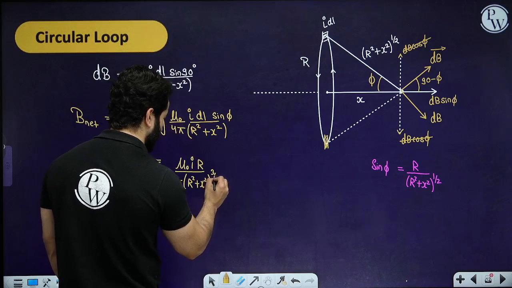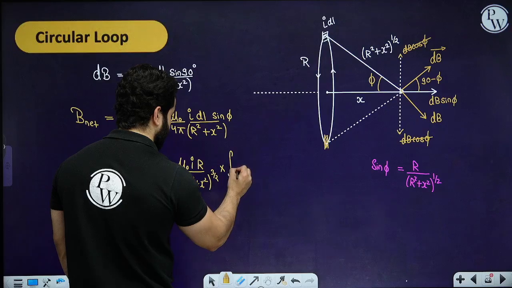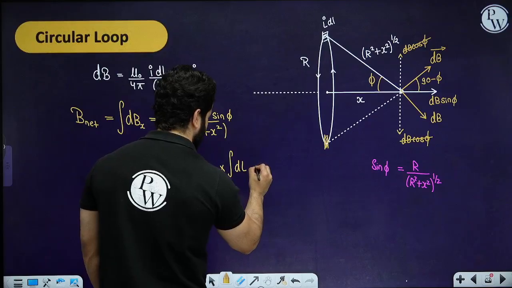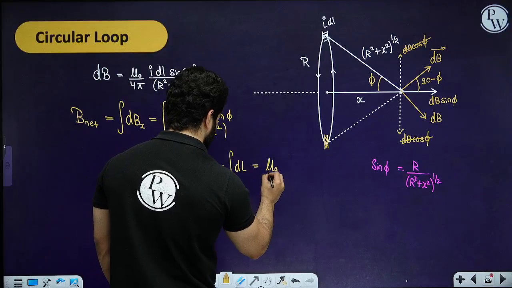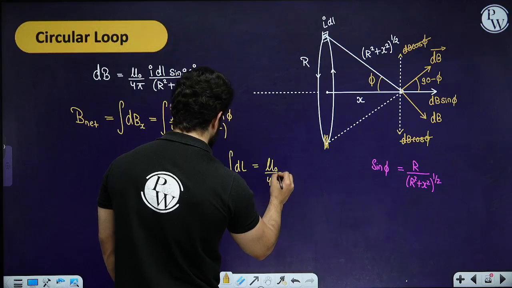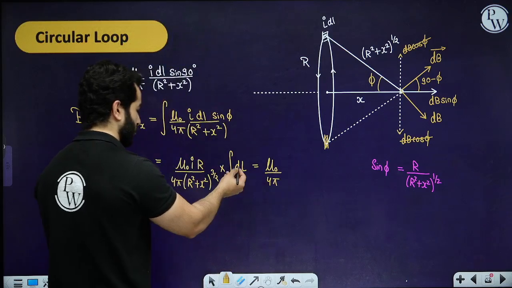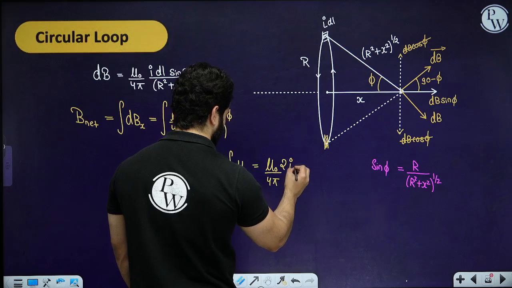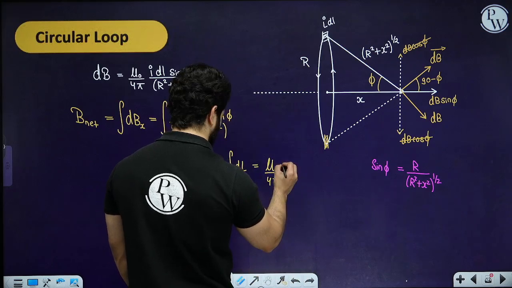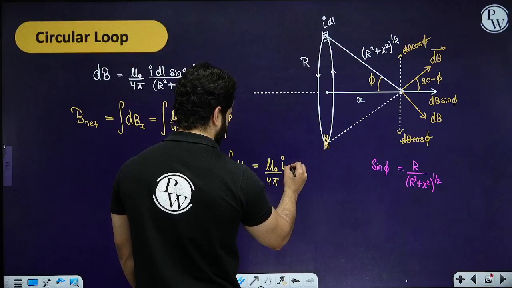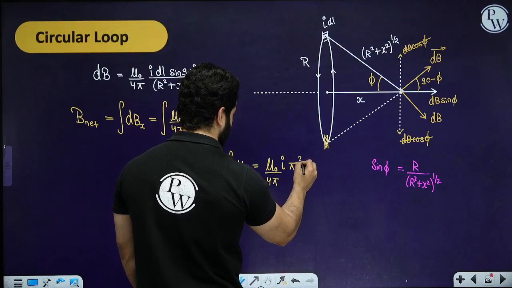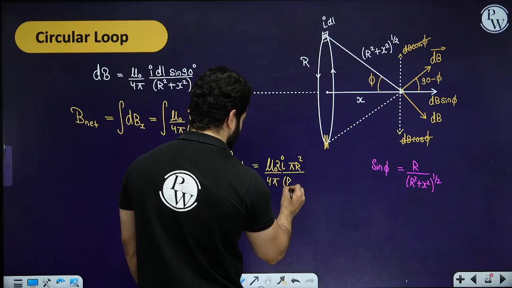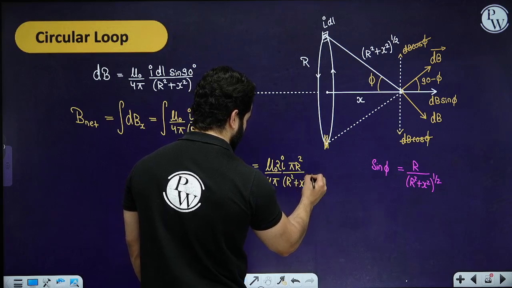So this will become 3 by 2, multiplied by the integration of dl, and if you'll integrate all the dl's, you are going to get something like mu naught upon 4 pi. This is going to be 2 pi r, so I'll have over here as 2, I, well I'll write something like mu naught I pi r square multiplied by 2, wherever you want to write it down, 2 divided by r square plus x square whole raised to the power 3 by 2.